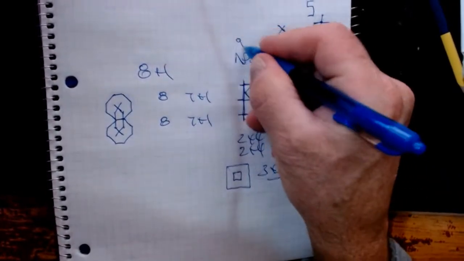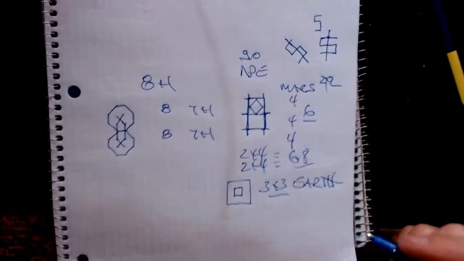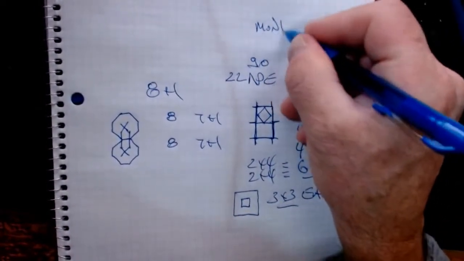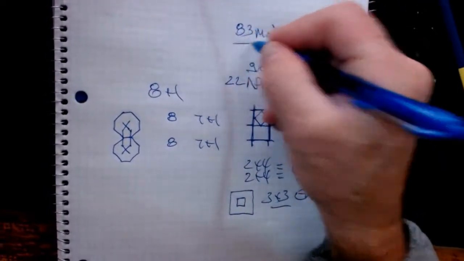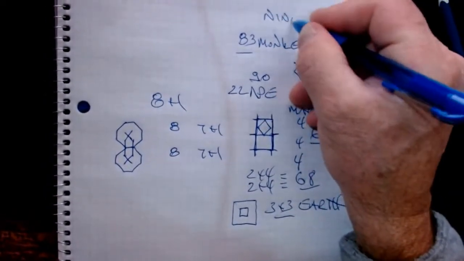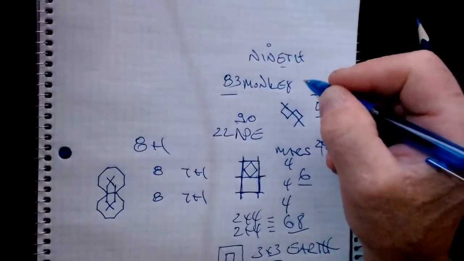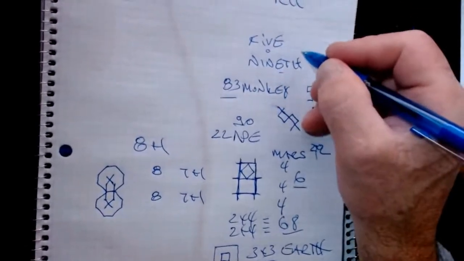Ape. Go. Number 22. Monkey, right, is 83. Also noted to be the 9th zodiac sign. And like I said, I'm not sure if I'm supposed to use that, right? But like I said, the 9 birth is in the E world, right?